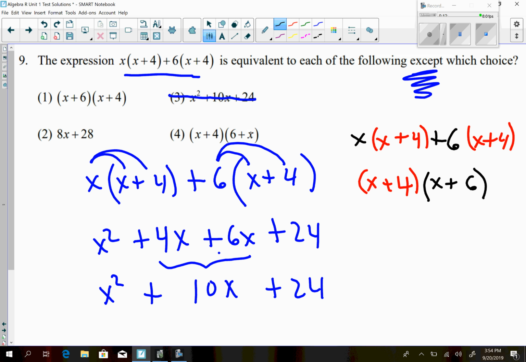By the way, 6 plus x is the same as x plus 6. So we don't want that. We want the one that is not equivalent to this. And that's the same thing because x plus 6 is right there and x plus 4 is right there. If they're different orders, they're the same thing. So these are all equal to the given except choice 2.